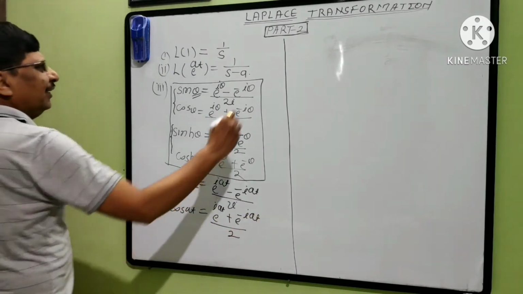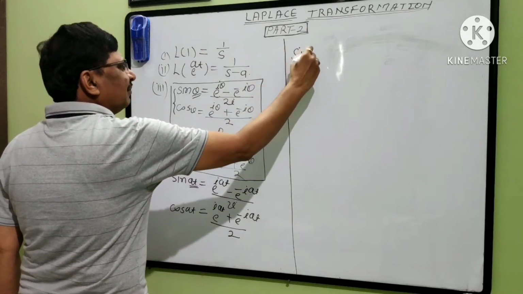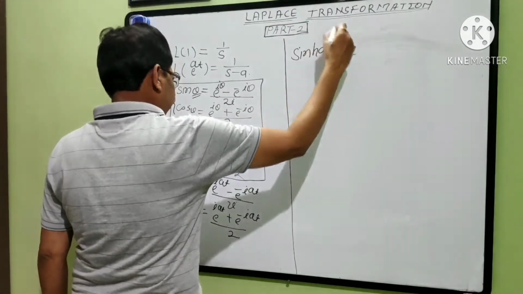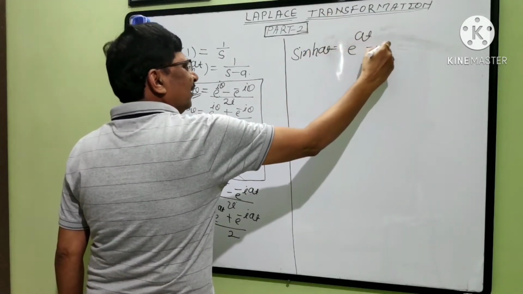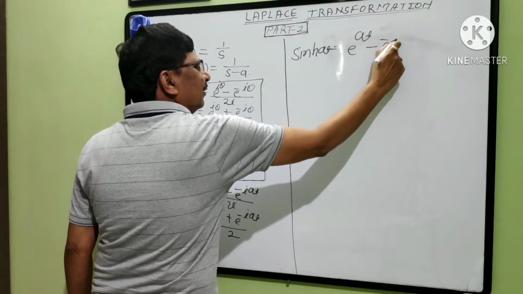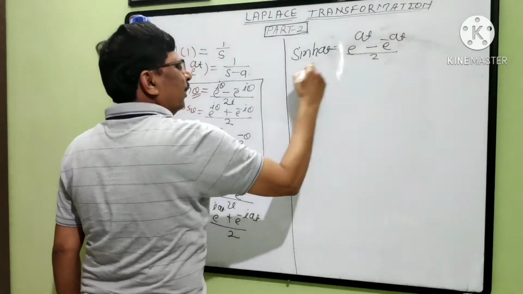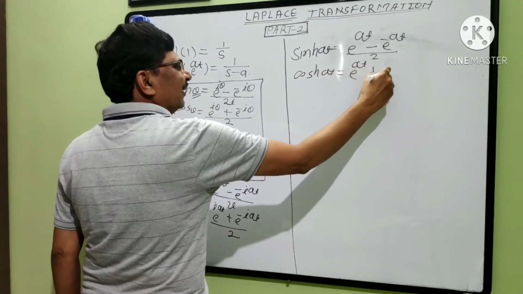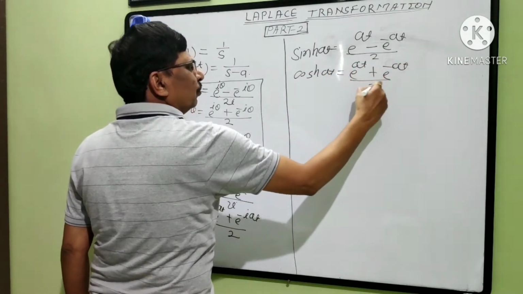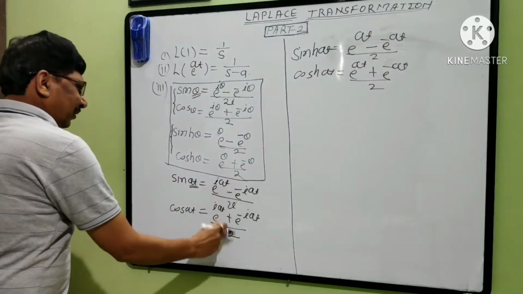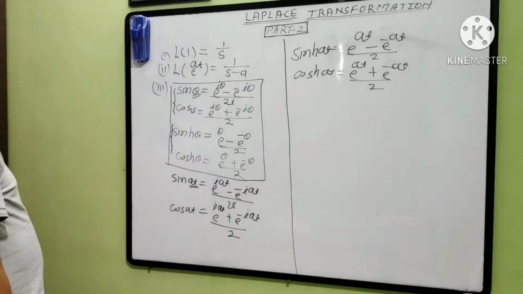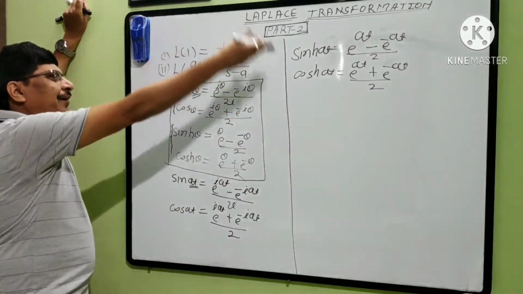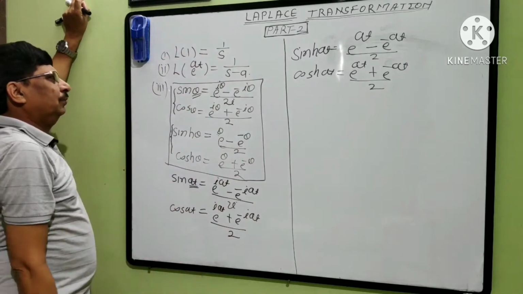Similarly sin hyperbolic, sinh at, is e raised to at minus e raised to minus at upon 2, and cos hyperbolic, cosh at, is e raised to at plus e raised to minus at upon 2. There is no i in this. Here is i. Keep in mind. Any doubt? If you want, you may note down these formulae.